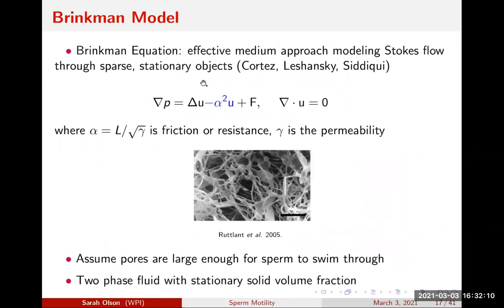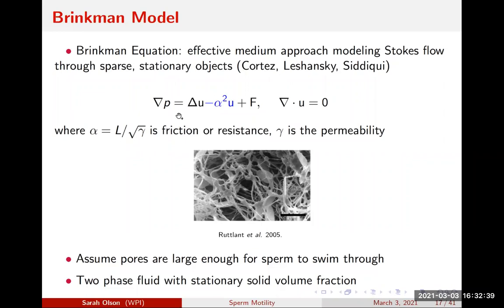And the thing I didn't point out, and the reason why I find this Brinkman model a great tool to probe some of these effects of the fiber network, is that what we have looks like Stokes' equation with just this extra term. So in the limit as alpha goes to 0, we're effectively back to Stokes' equations, where the permeability is infinite.